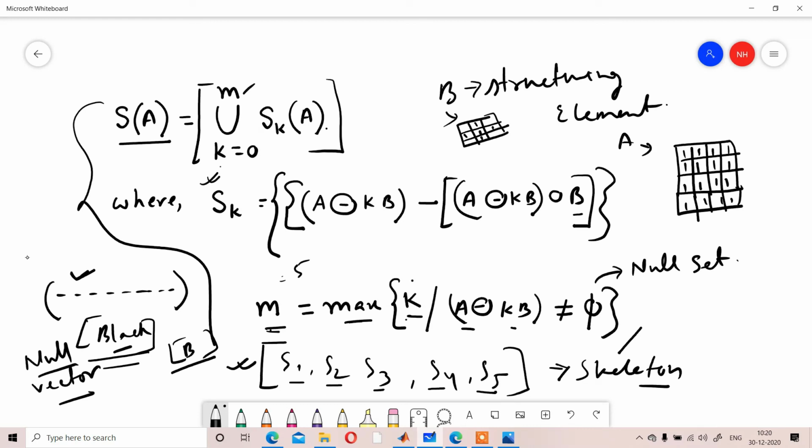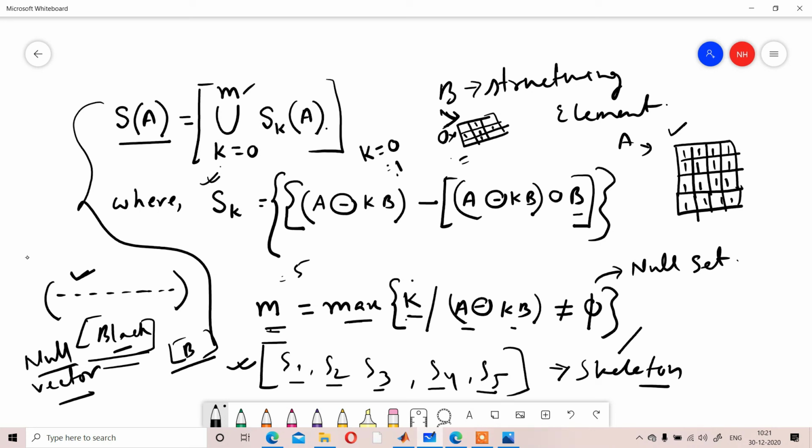So what will happen? First, consider K equal to 0. So 0 times that structuring element will be 0. All the zeros will be there, so you will have the same result. Then K equal to 1 means now you are using that structuring element.